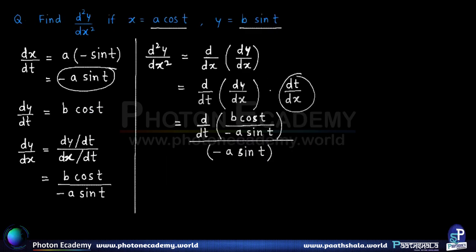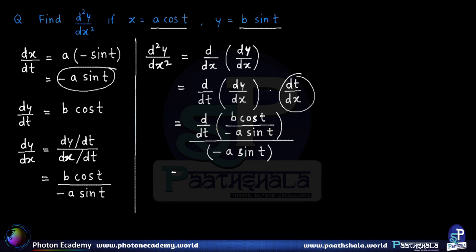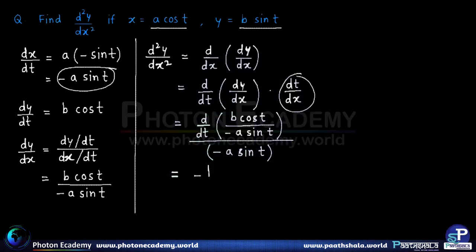Right? Now let us differentiate that. Now in the numerator you have to find the derivative of b cos t upon minus a sin t. So that is nothing but, let us take b upon minus a outside because that is a constant, so that is minus b upon a, and cos t upon sin t is nothing but cot t.